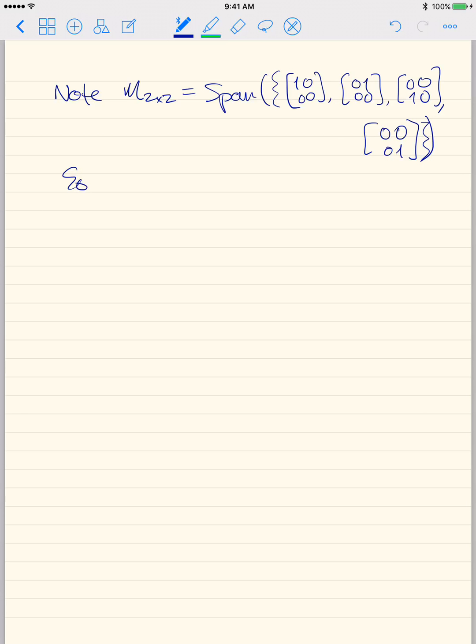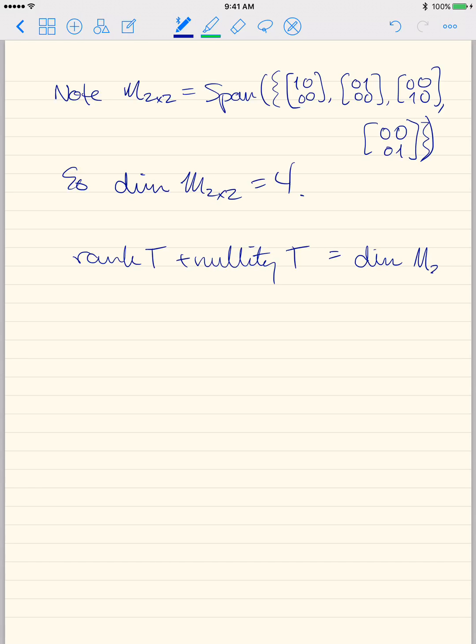So the dimension of the set of 2 by 2 matrices is 4. And that means that the rank-nullity theorem works.